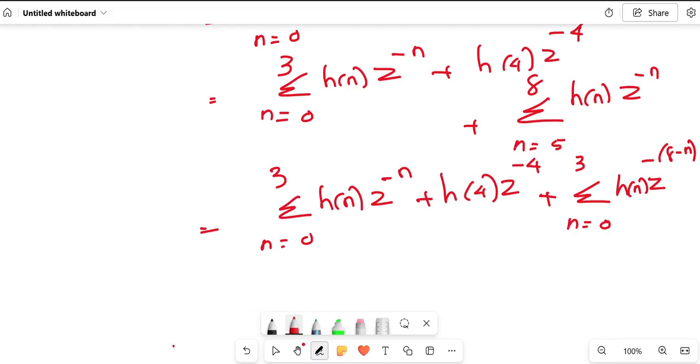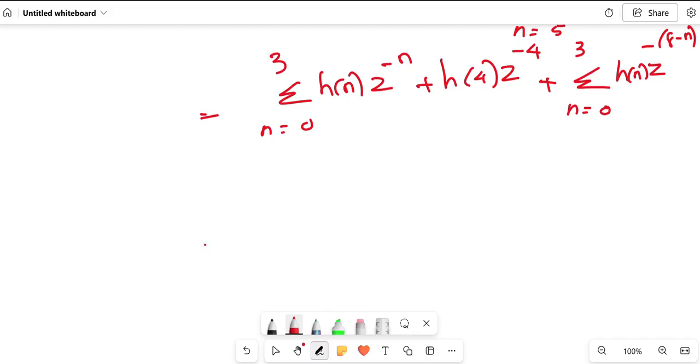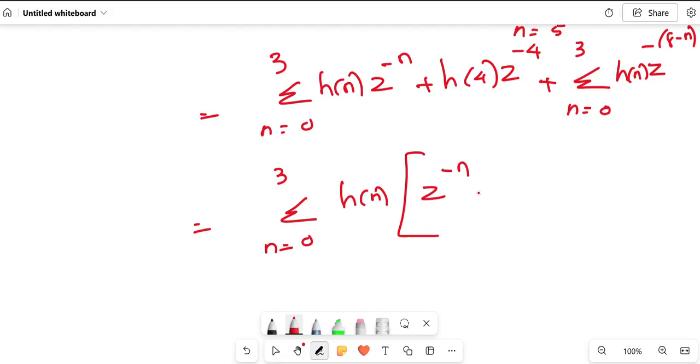So, now you can simplify again: summation of n equal to 0 to 3 h of n, common term you take, z power minus n plus z power minus of 8 minus n, plus h of 4 into z power minus 4.